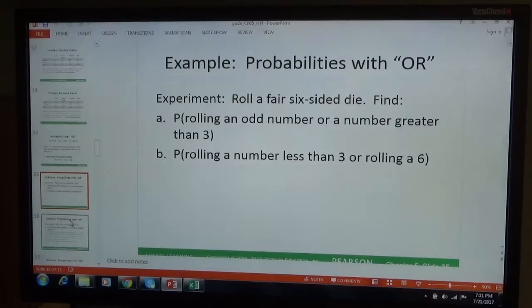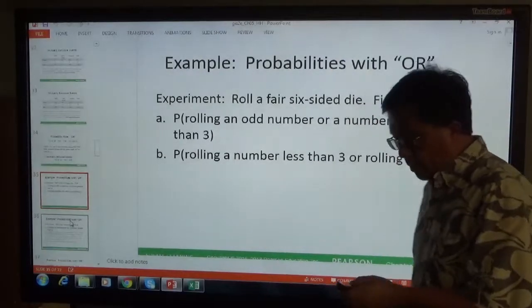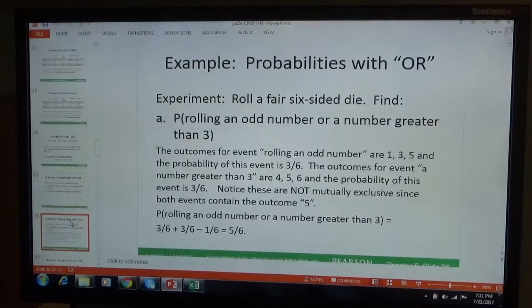If you roll a die, it's possible you will have an odd number and also that number is greater than 3. Is that possible? Yes. That's 5, right? If the number is 5, it satisfies both, so not mutually exclusive.